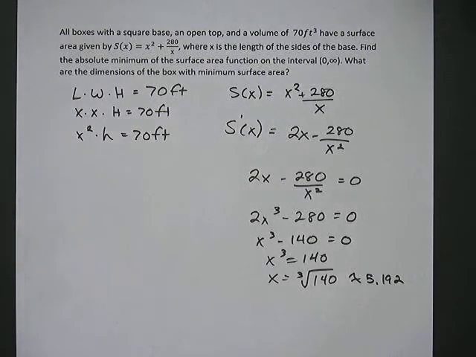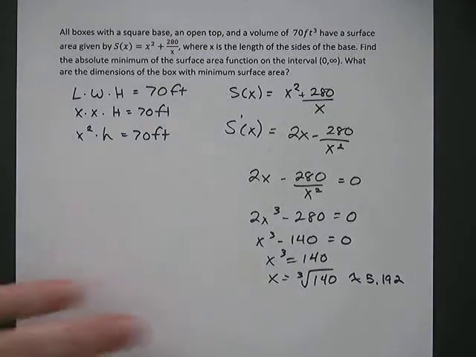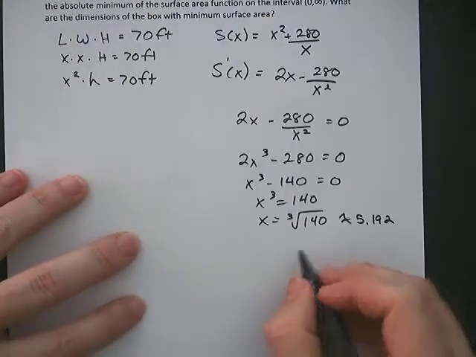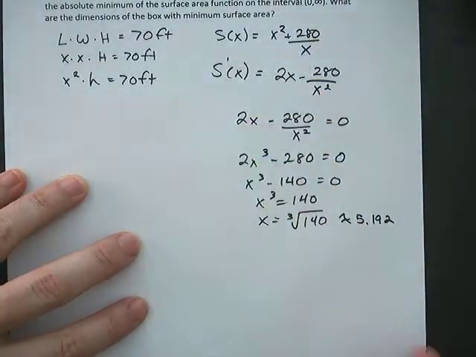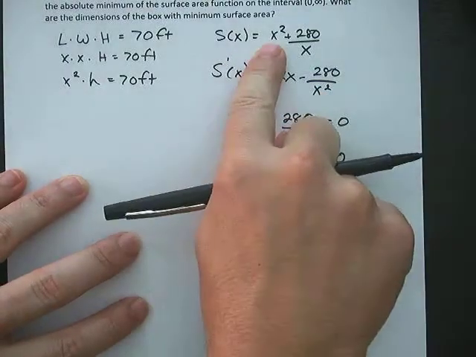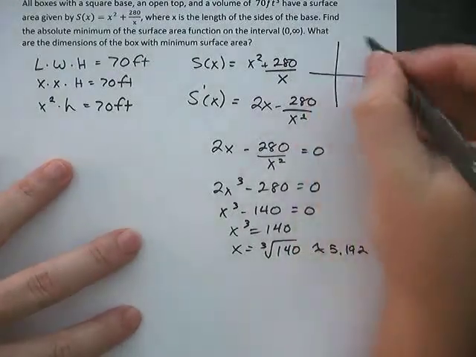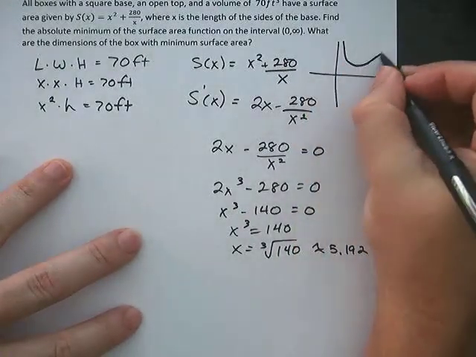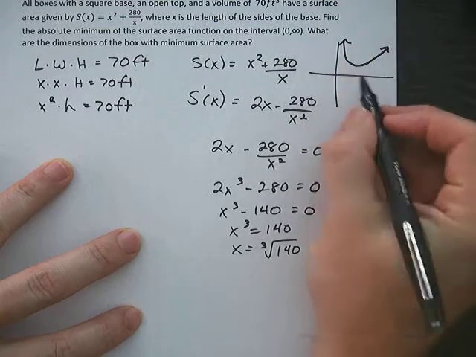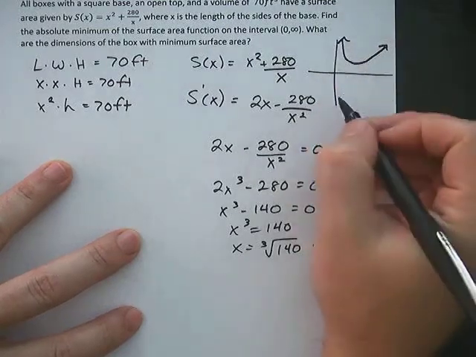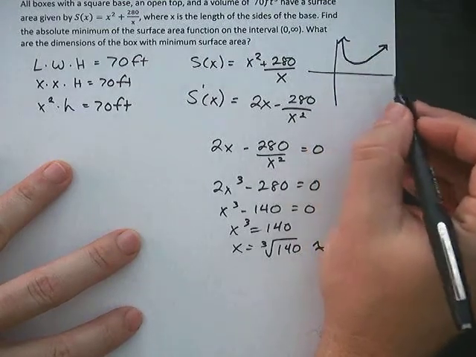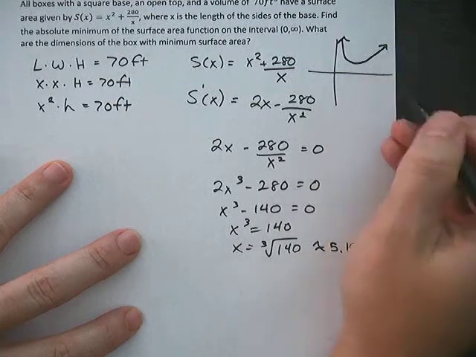Now we can take a look at the graph. If you graph this in your calculator, you'll notice that the graph of the original function, S of x equals x squared plus 280 over x, basically looks like this. As I approach 0, it goes to infinity, and as I go out towards infinity, the function is also approaching infinity.